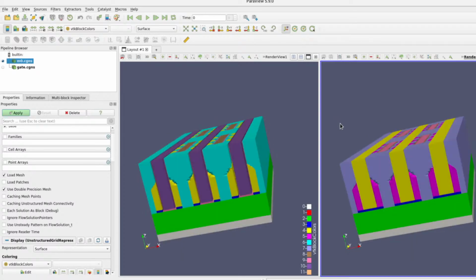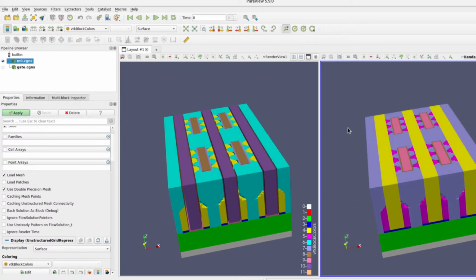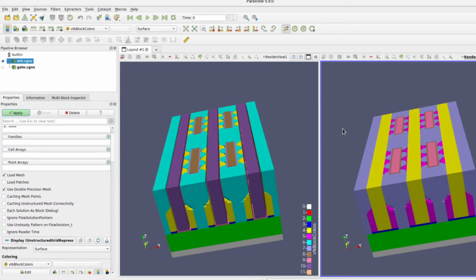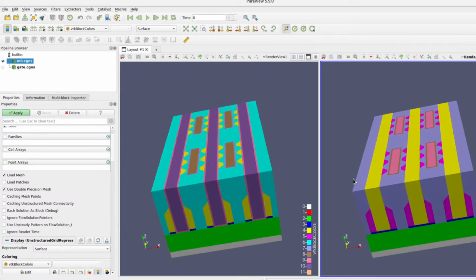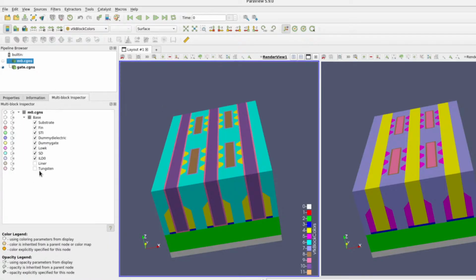Okay, it takes some time. Previously this yellow one corresponds to the dummy gate, and now this is etched away. So if we go to here, now here we have the gate.